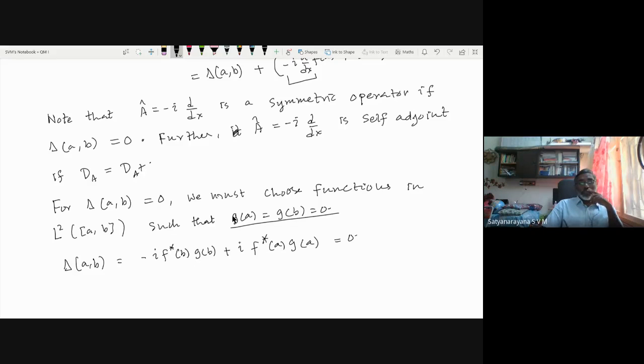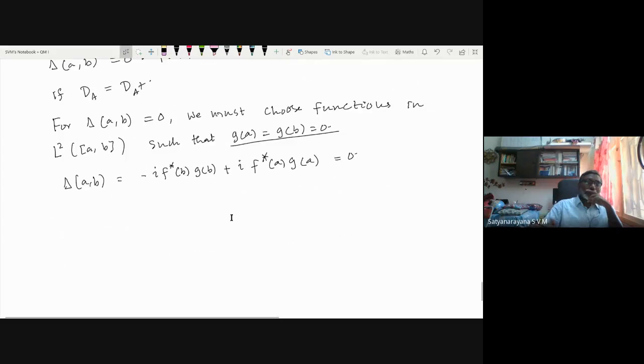Now the point is that when we are taking this f of x, comma, A g of x, remember we talked about a vector space.